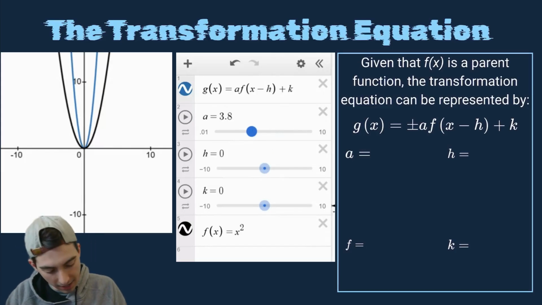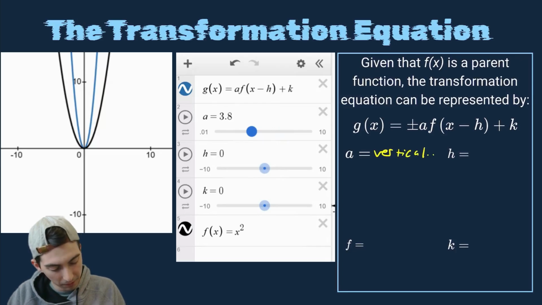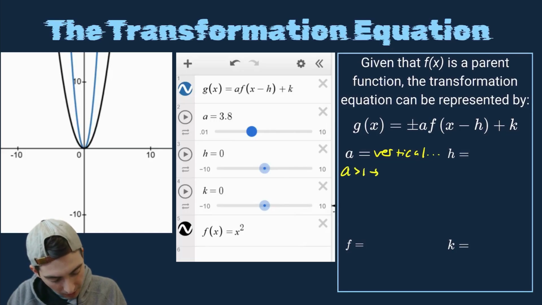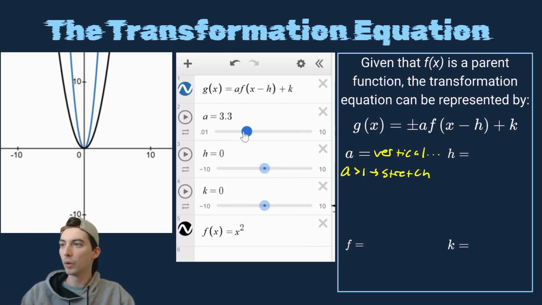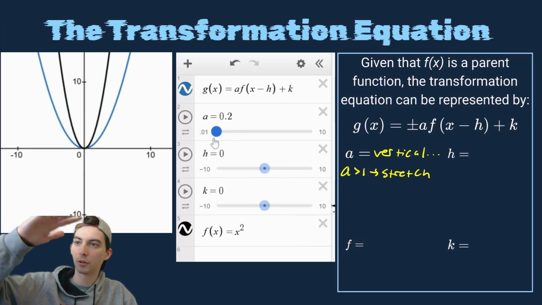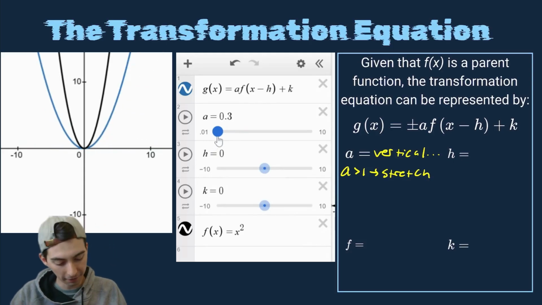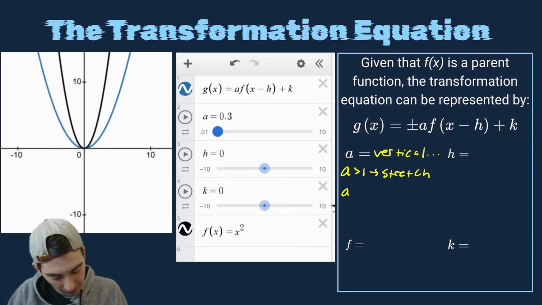So a is going to be a vertical transformation. And we see that if a is bigger than 1, it's going to be a stretch. We can also make a less than 1. And I see when I do that, now I'm compressing it down so it's getting wider than our black graph. And so if a is less than 1, we're going to say it has a compression.